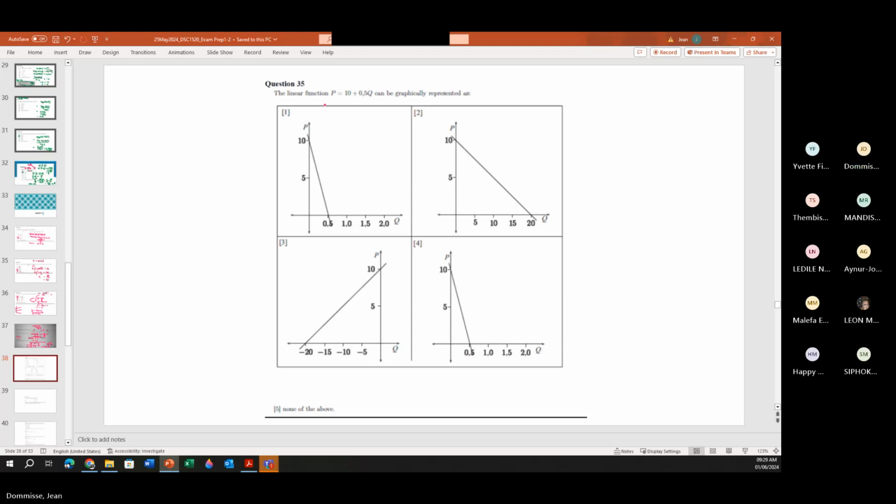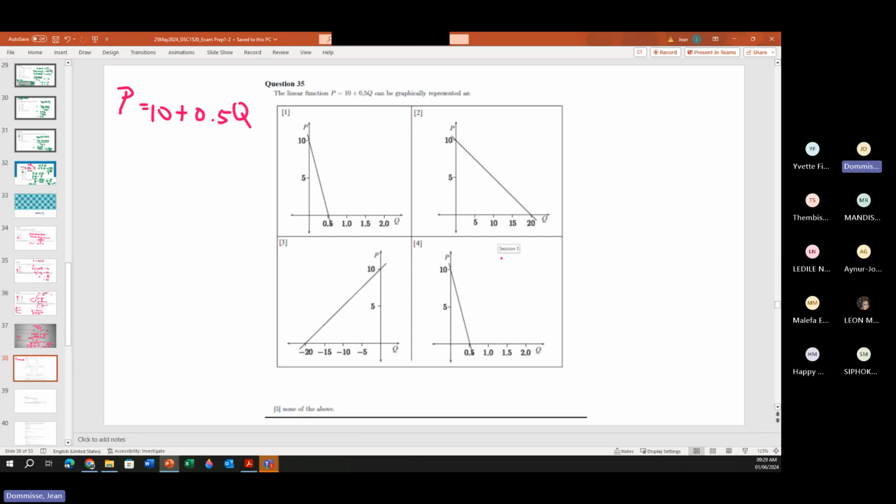Okay, so this is your line: P equals 10 plus 0.5Q, and they ask us which one represents this.